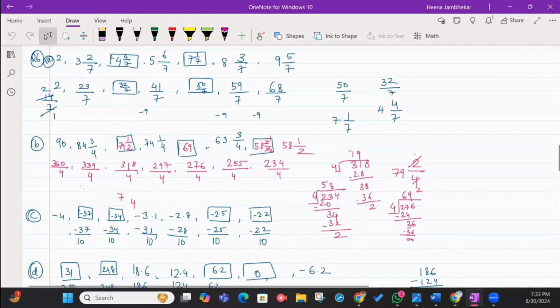Now look at this one, the D1. It is box, 18.6, 12.4.